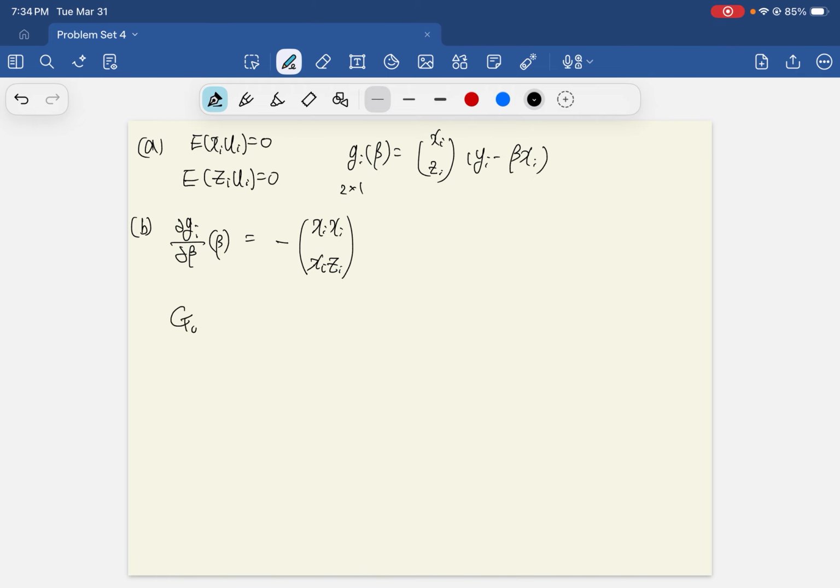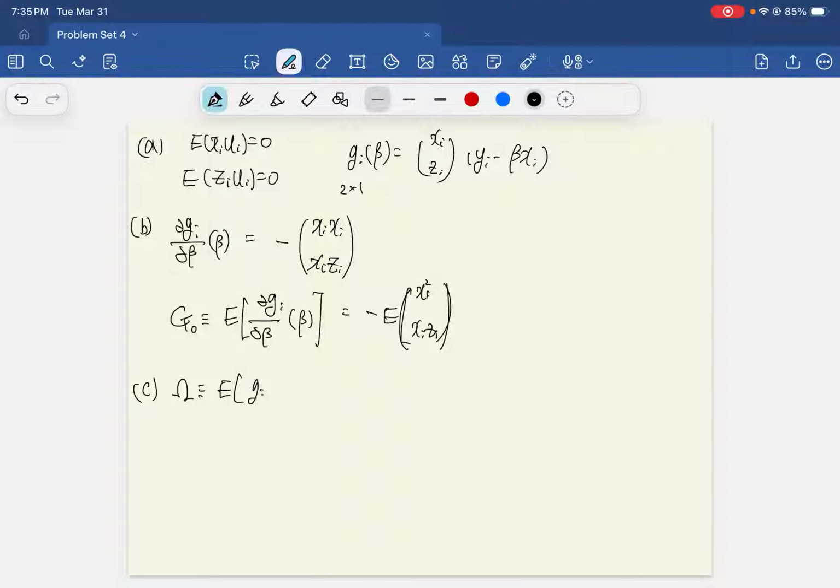So G_0, which is defined as the expectation of the derivative of g_i(beta) at beta_0, is minus the expectation of x_i squared and x_i z_i. Okay, so this is G. And let's think about Omega. Omega is defined as the expectation of g_i(beta_0) times g_i(beta_0) transpose.